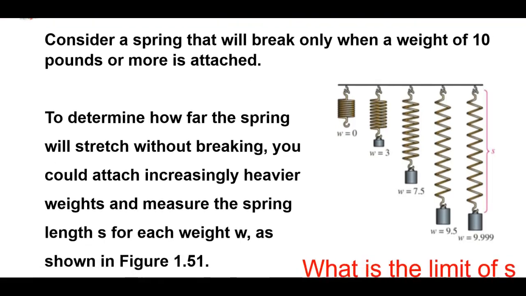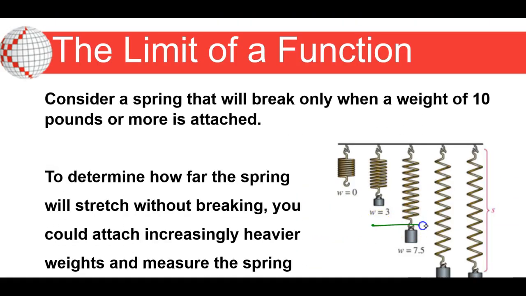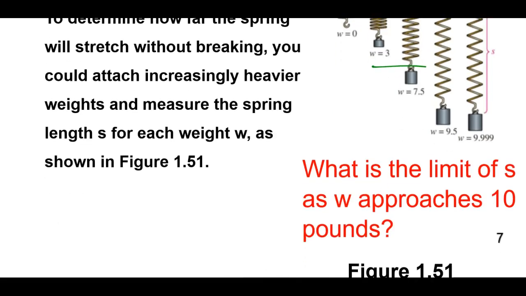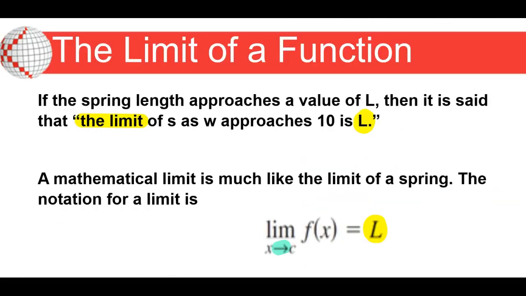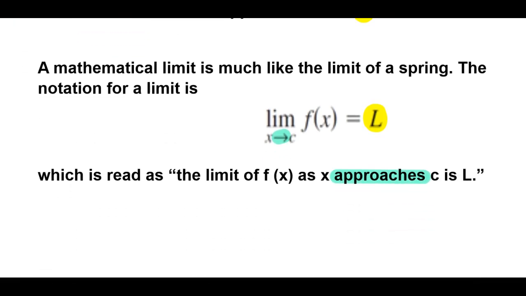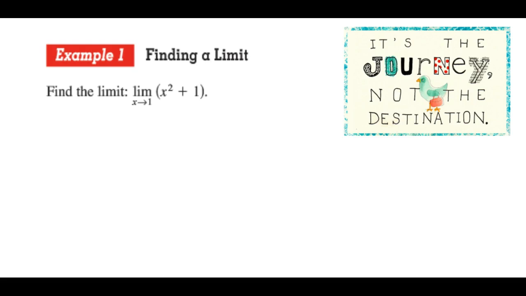You can think about limits as what it approaches. It's not what it's at, but it's approaching some value. So again, this is just more notation, and the word approaches is the important part.